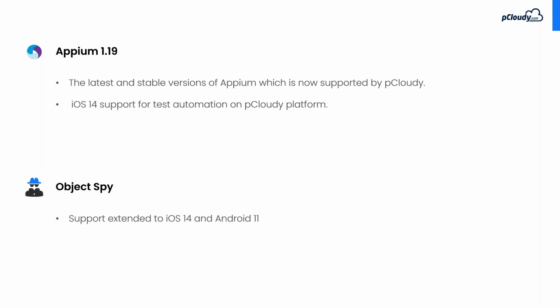Support for Appium 1.19. You know that Appium versions are frequently released in the market, and we always have a challenge to provide support for the latest versions. What we have followed so far is to always give the latest stable version on pCloudy. So far we had 1.17, and now we have moved to 1.19 because it is the most stable in the current software upgrades from Appium.